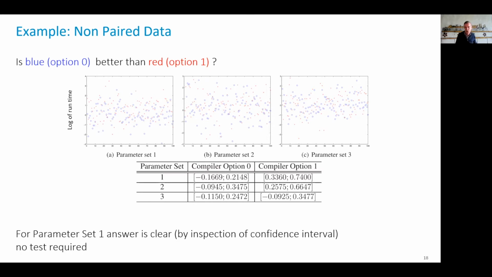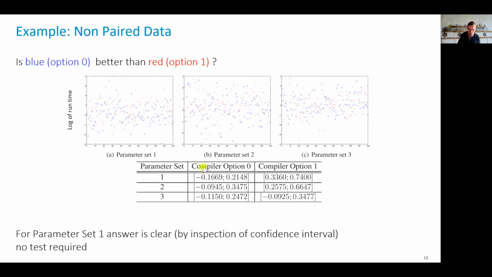For example, this is what happens when you perform measurements on a system that's in production, that's running in the real world. So we have 100 blue results, 100 red results. Because there's a large variability, we don't really see clearly whether red is better than blue or vice versa. And we would like to know because we have to install one of the two.